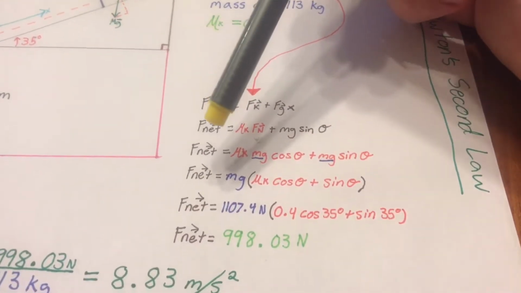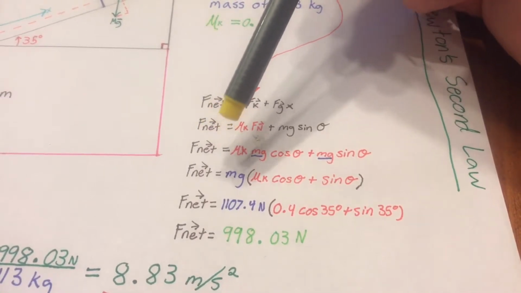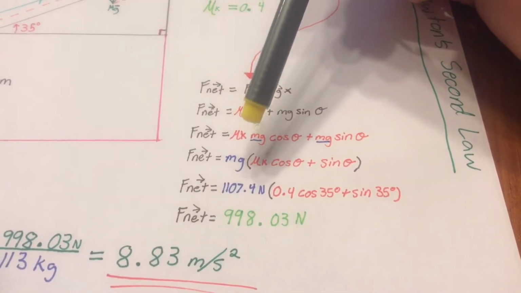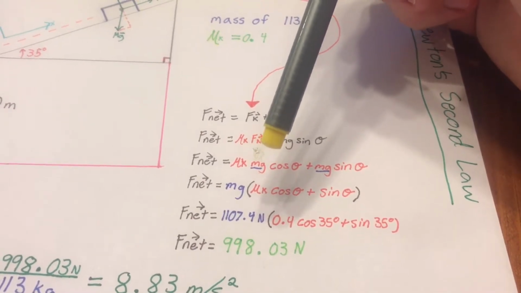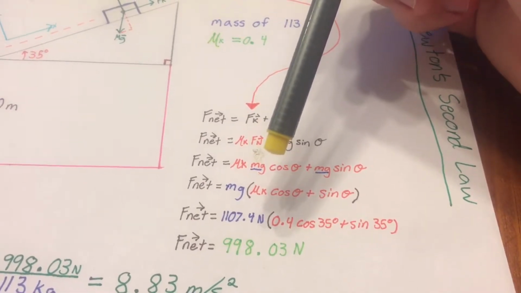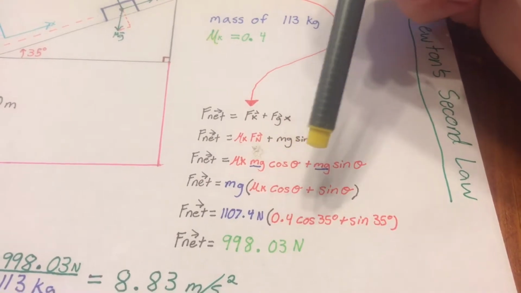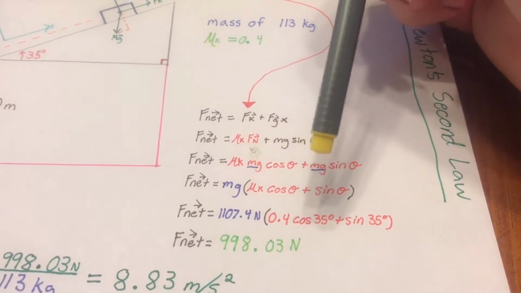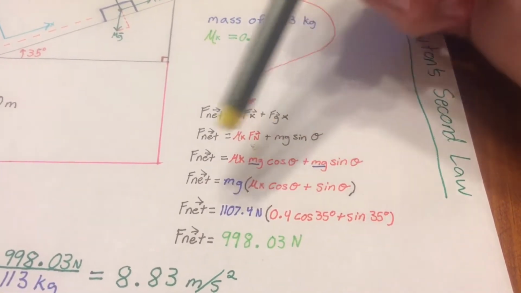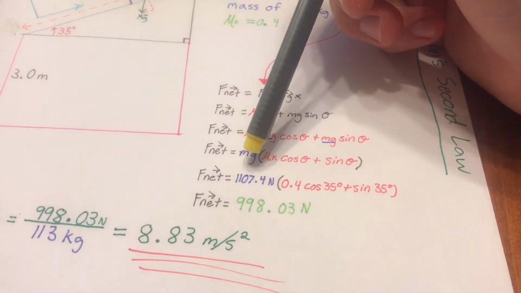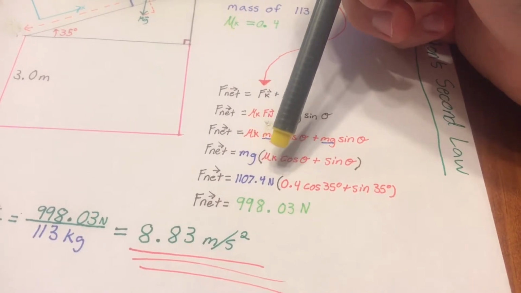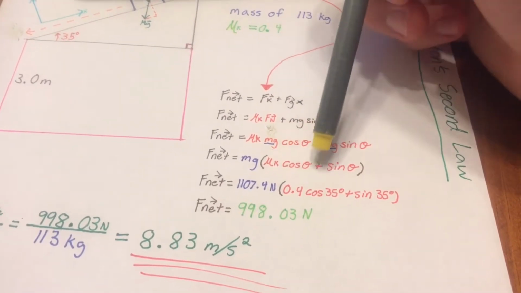Then I take F net equals coefficient of kinetic friction times mass times gravity times cosine theta, plus mass times gravity times sine theta. So my F net equals mass times gravity times the quantity coefficient of kinetic friction times cosine theta plus sine theta.